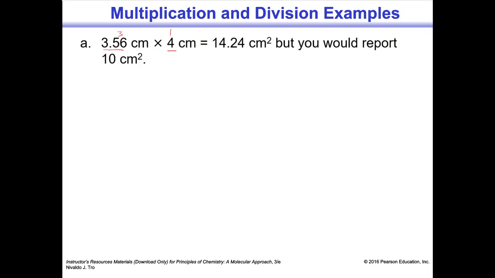So we would report our answer as just 1 sig fig. We could report this as 10 centimeters, or write it as 1 times 10 to the 1 power centimeters. Those would both just be 1 sig fig. Because we're doing multiplication, the number with only 1 sig fig dictates how many sig figs we have in our answer.